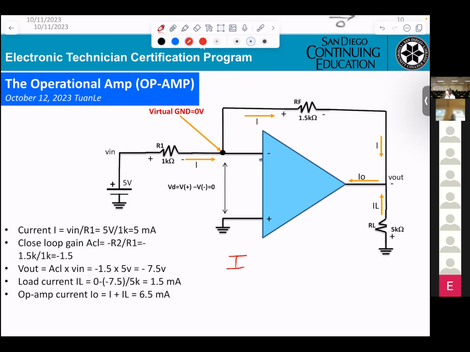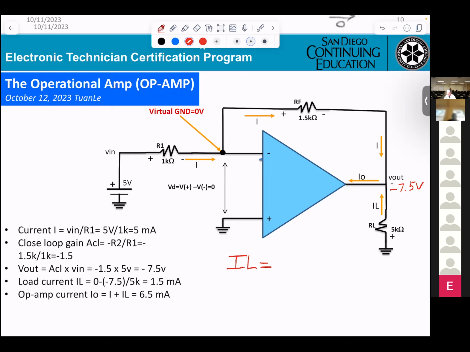Basically, to calculate, V out equals minus 7.5, right? Okay, so if you say VL divided by 5K, you get minus, correct?